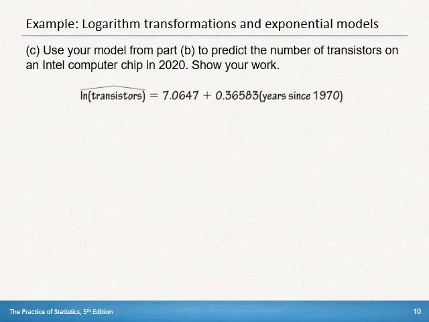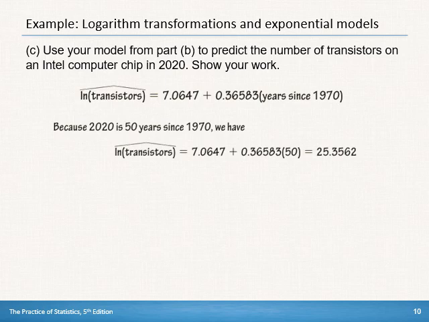All right, so now that we have a model, use it to predict the number of transistors on an Intel computer chip in 2020. Because 2020 is 50 years since 1970, we're going to put 50 in for our x, or for years since 1970.